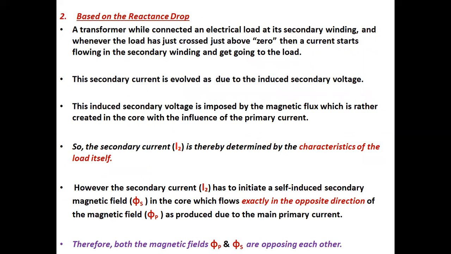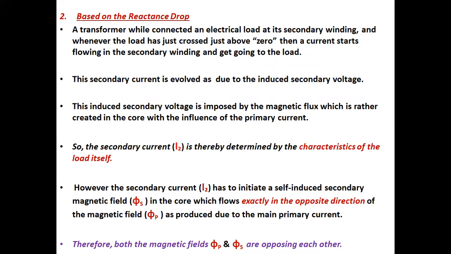Case number 2, based on reactance drop. When a transformer is connected to an electrical load at its secondary winding, and whenever the load has just crossed above 0, a current starts flowing in the secondary winding and going to the load.